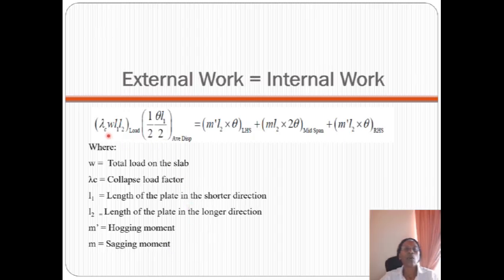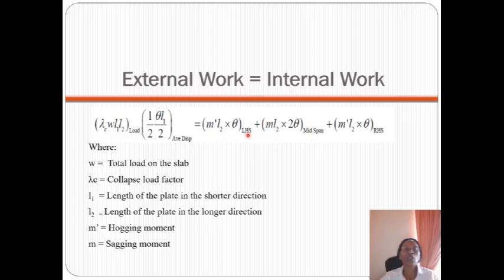And the external work done will be equal to the collapse load times the average distance moved, as shown. If you look at that equation, that's the external work on the left. The internal work will be done through the rotations at the plastic hinges, as shown.